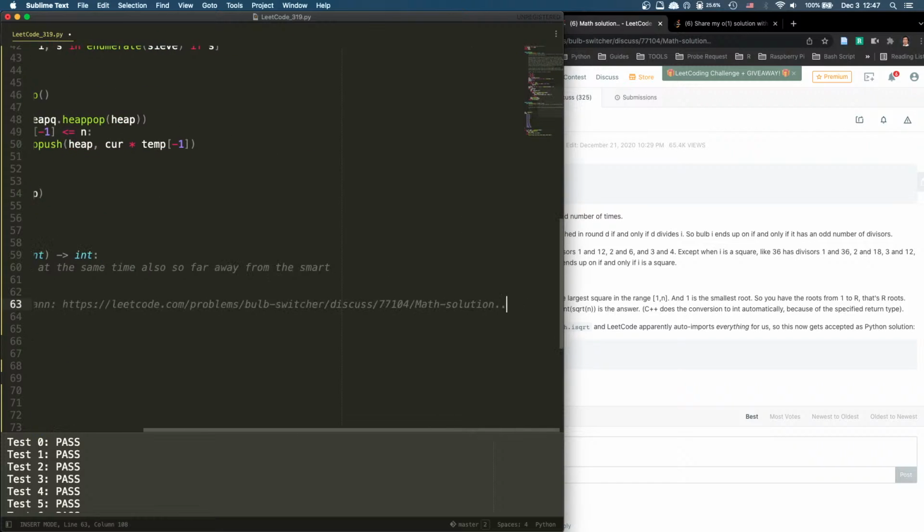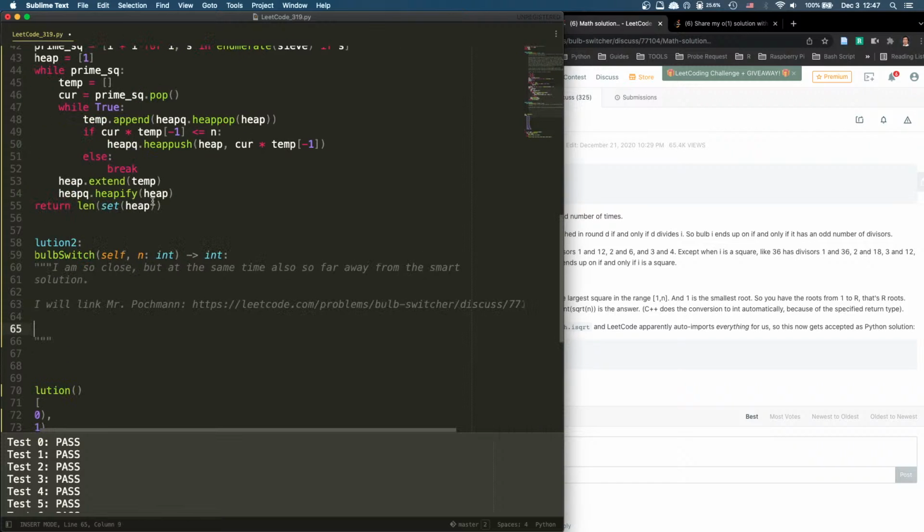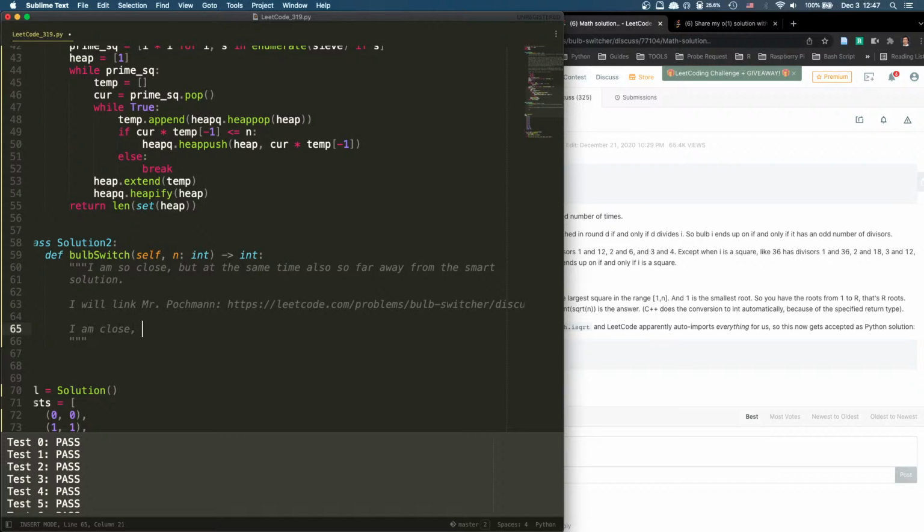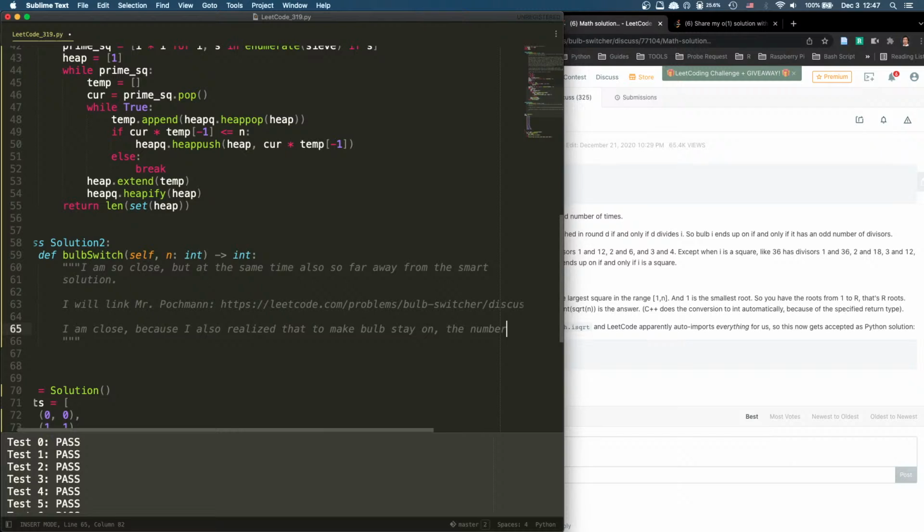I'm close because I also realized that to make a bulb stay on, the number must have an odd number of factors.